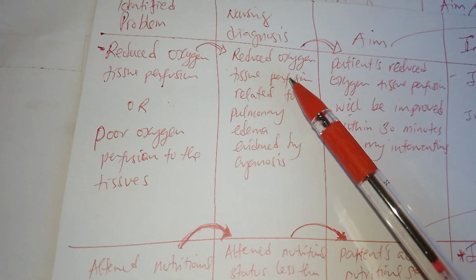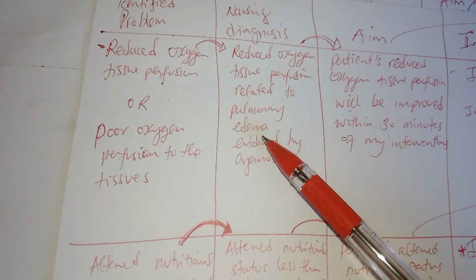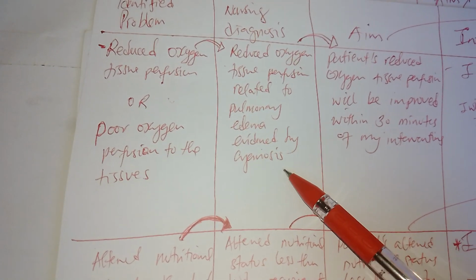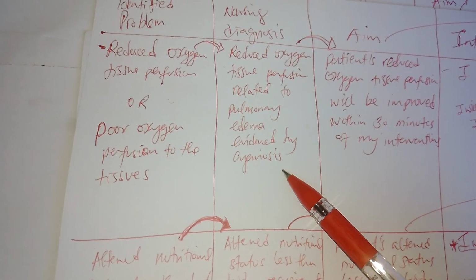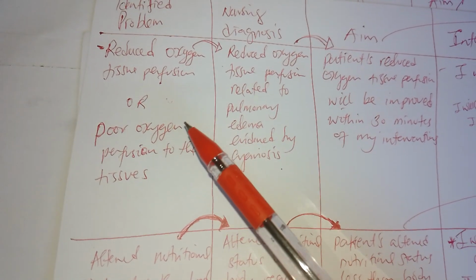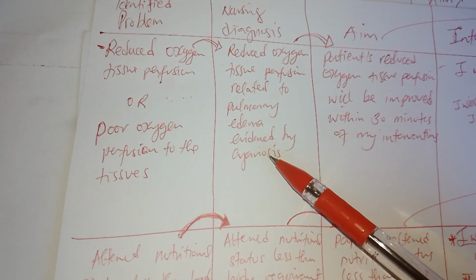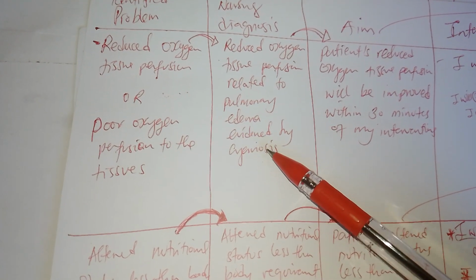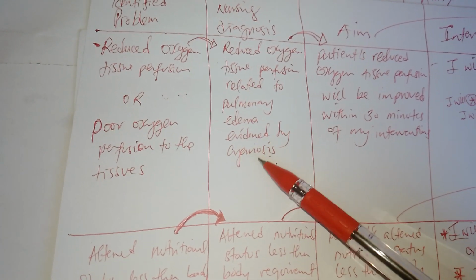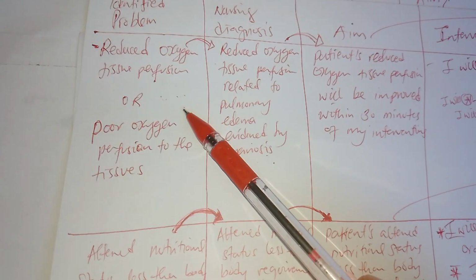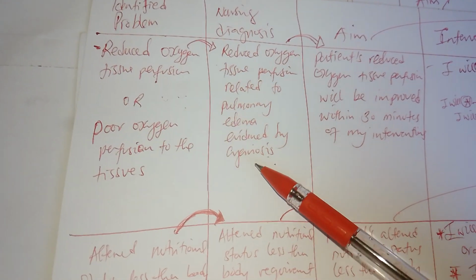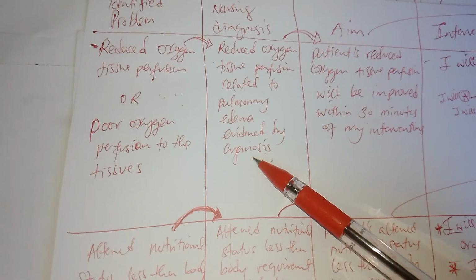So: reduced oxygen tissue perfusion related to pulmonary edema evidenced by cyanosis. What you're going to see in relation to poor oxygen perfusion is cyanosis, not dyspnea. Those two are different problems. Altered breathing pattern and reduced oxygen perfusion are two different problems because the evidence is different.